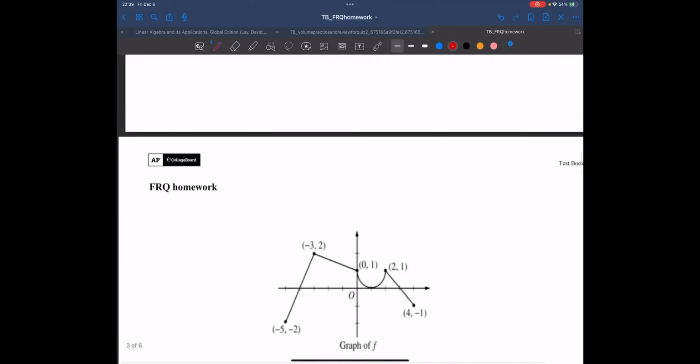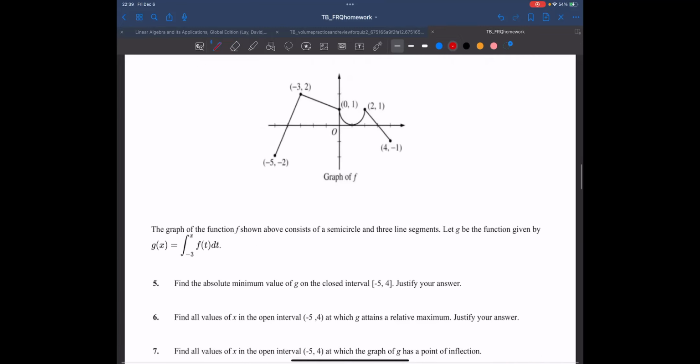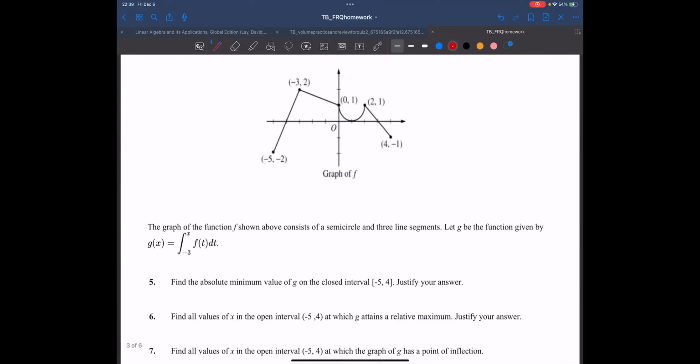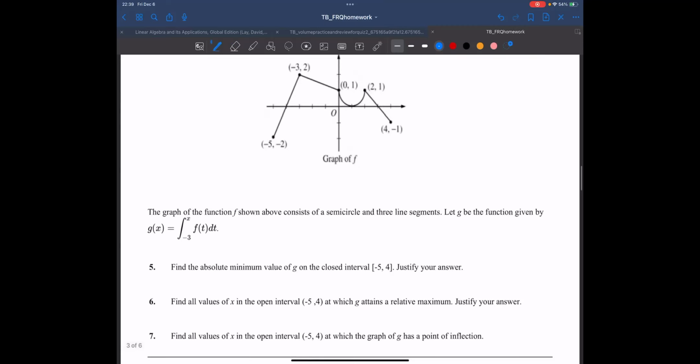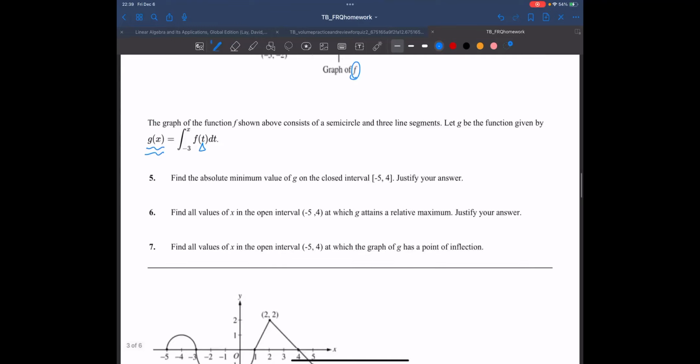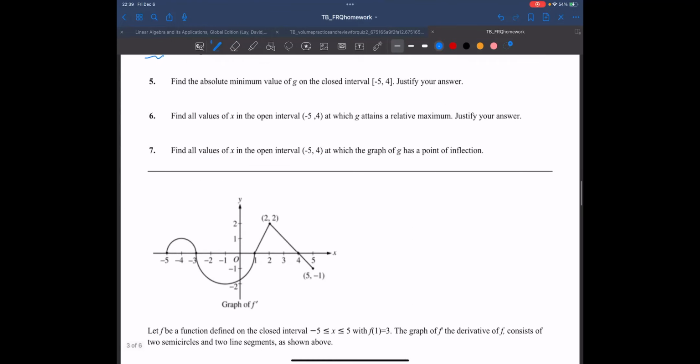And here we can see one kind of question. The graph shown above consists of a semicircle and a straight line segment, and here it's a graph of f, and all the questions are about g of x.